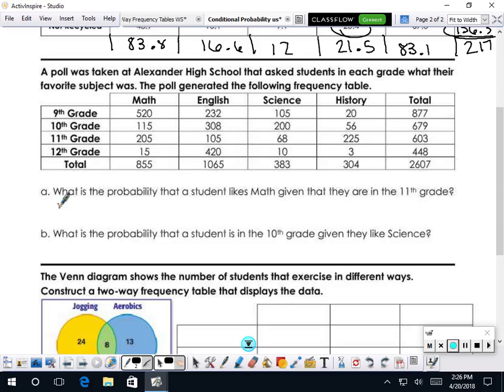Okay, so we write it down using the notation. So probability of math, and then that bar, given, they are in 11th grade. Okay, so I'm wanting the probability of math and 11th grade.